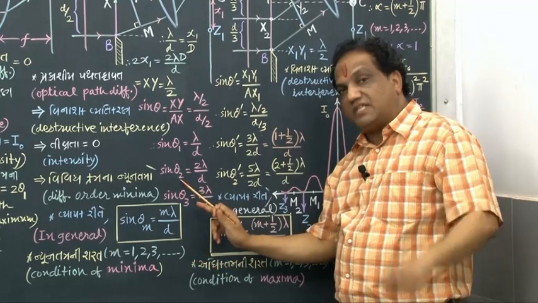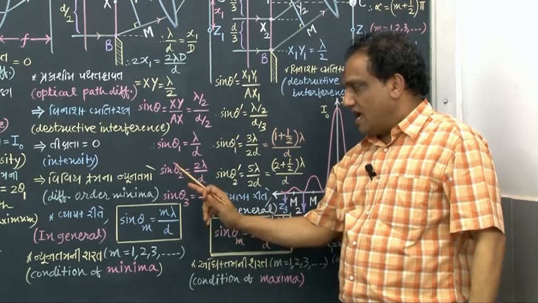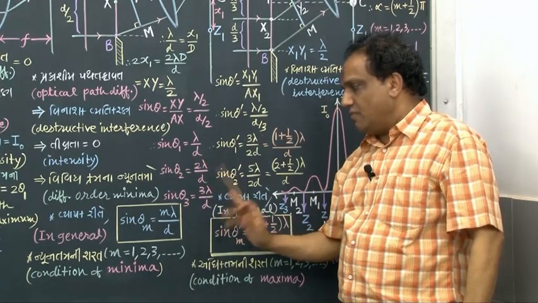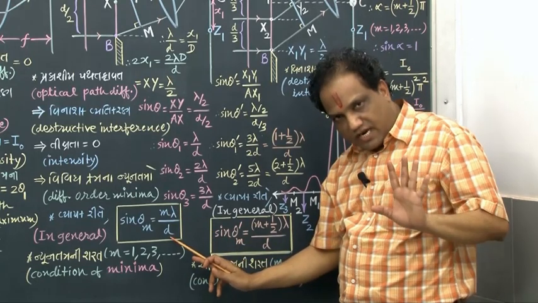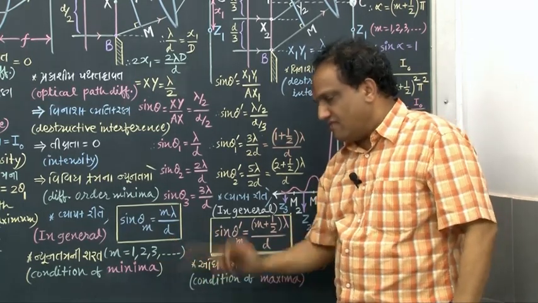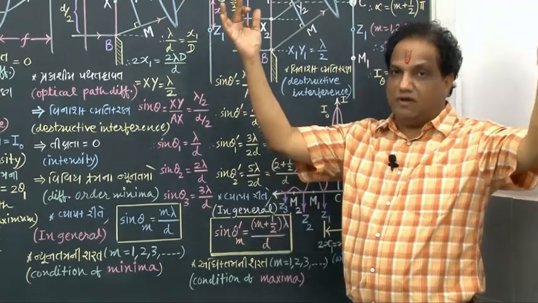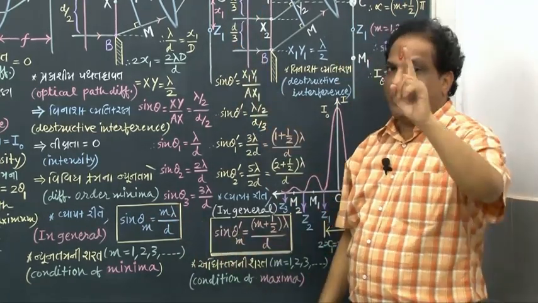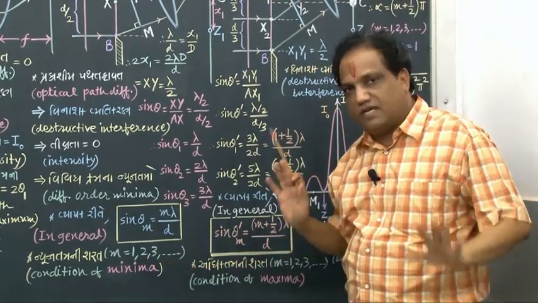If the suffix here is m, here also you write m. So sin theta m equals m lambda upon d. This gives you the condition for any point on the screen to become mth order minimum. What is m? Order of minimum, and that you can change like 1, 2, 3 and so on.